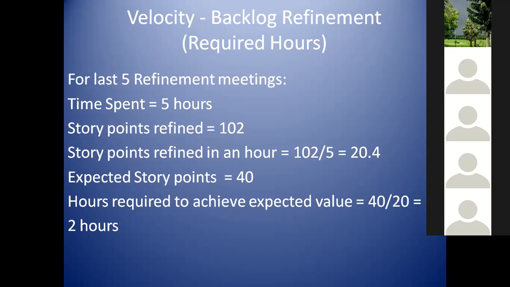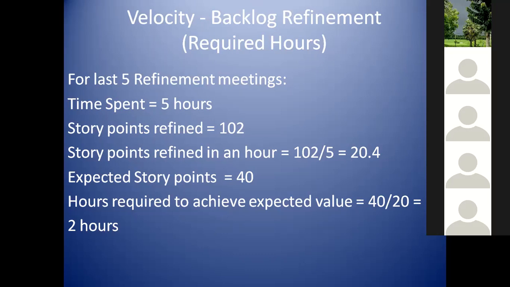So the hours required to achieve that expected value of 40 is 40 divided by 20. That is 2 hours. Okay, so this is the calculation. So now I can understand that if I am putting in 2 hours, whether I do it in this week itself or next week, it doesn't matter, and I don't need to spread it across one hour each.